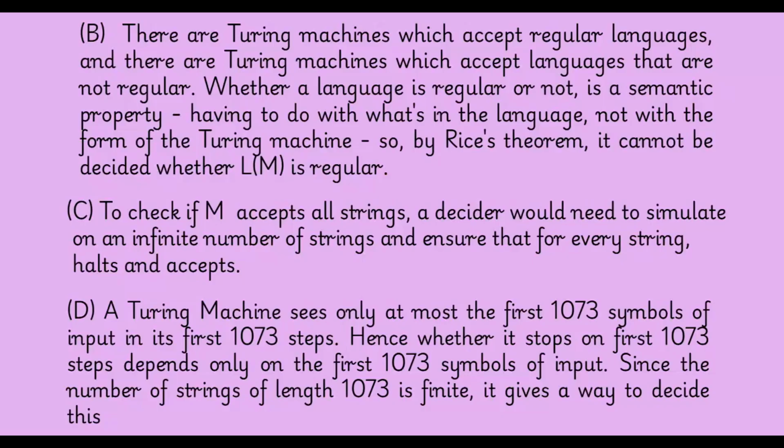So, the string length is finite, which gives a way to decide this. So, it is decidable. So, what is the final answer? Options A, B, C are undecidable. D is decidable. So the answer is A, B, C.